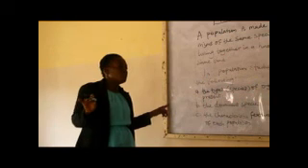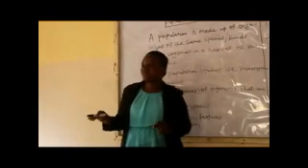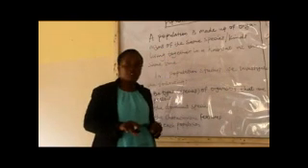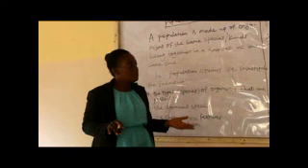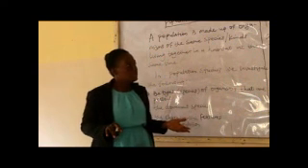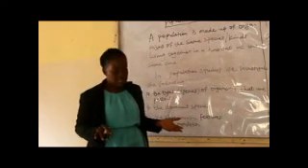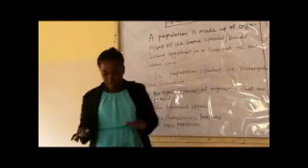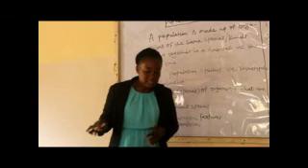Assuming I use the school football field and take out the measurement of a football field, if I want to carry out a population study there, what do we mean by percentage cover? It's simply the area covered or occupied by a given species.